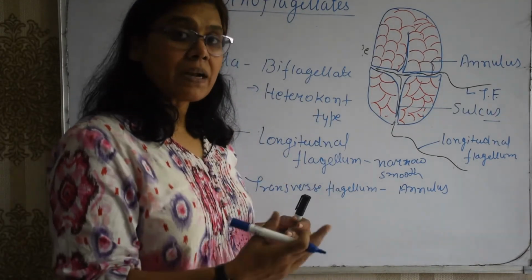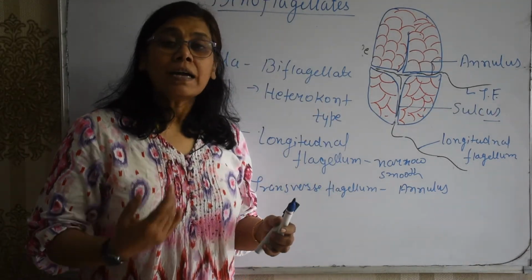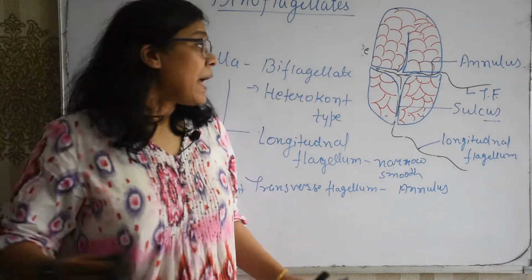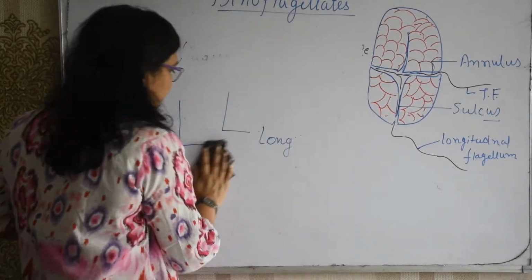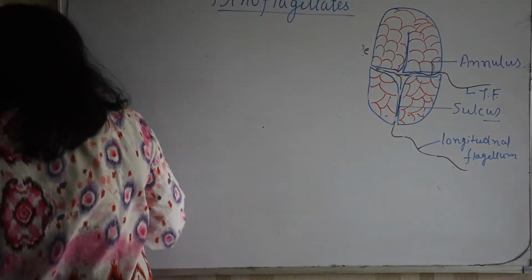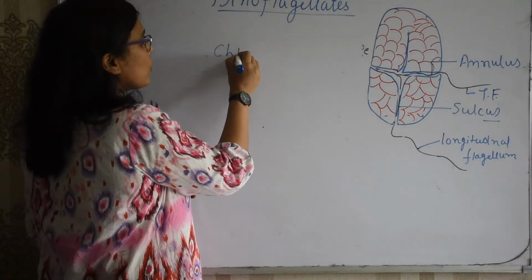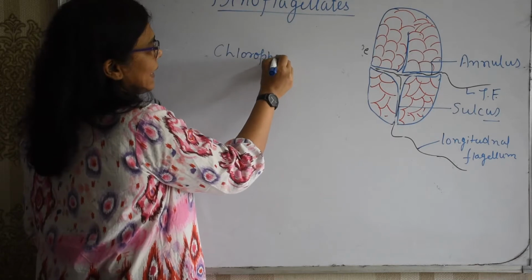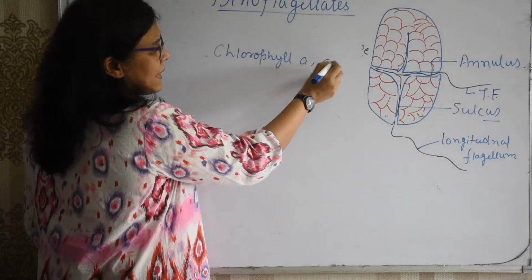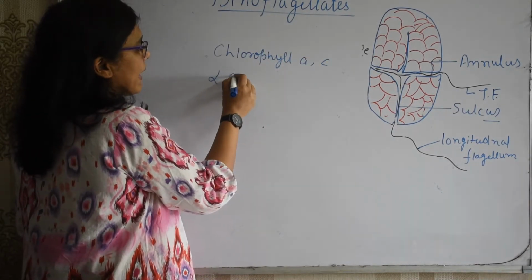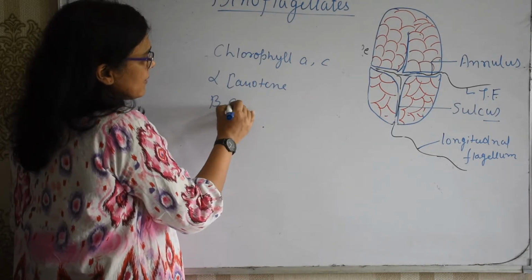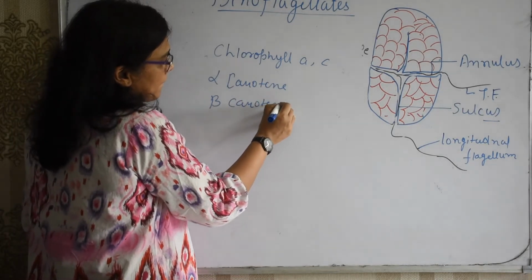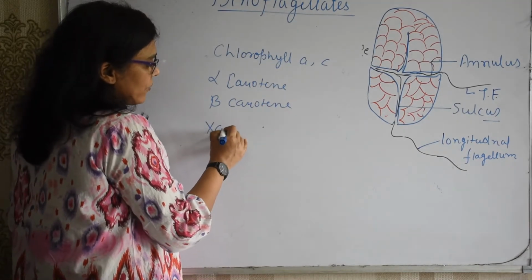So we will see what pigments are present in the dinoflagellates: chlorophyll A, C, alpha carotene, beta carotene, and xanthophyll.